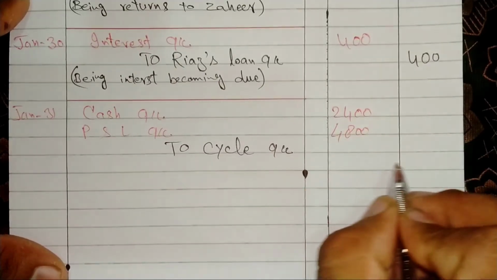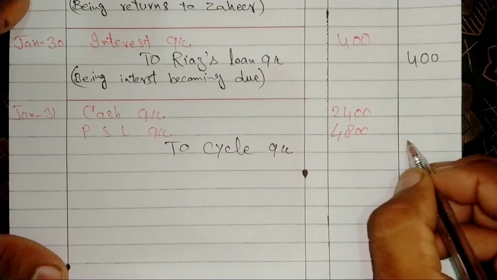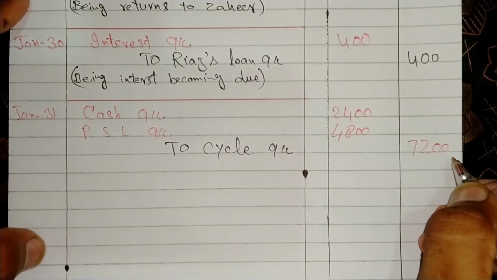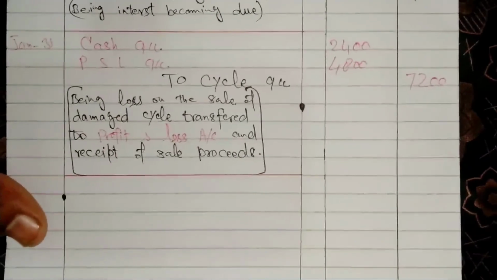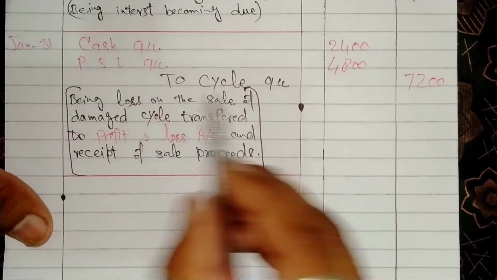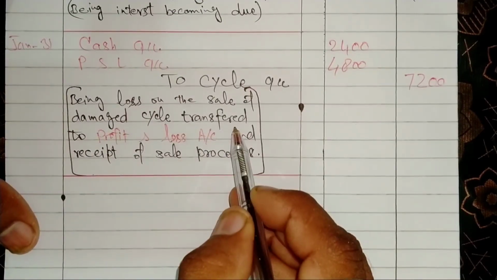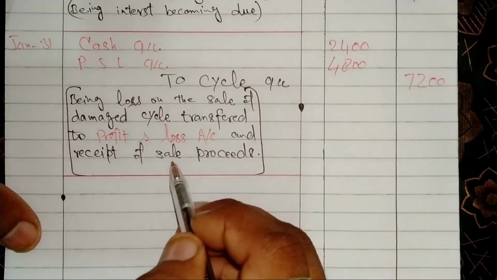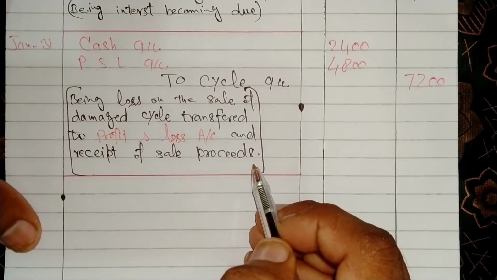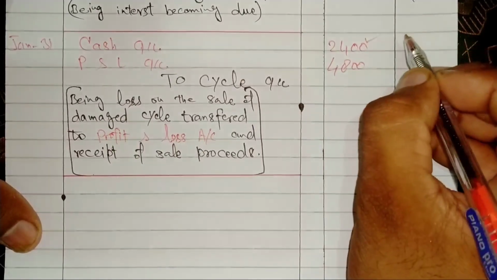The cycle's actual amount was $7,200, with description: being loss on the sale of damaged cycle transferred to profit and loss account and receipt of sale proceeds, which is $2,400.